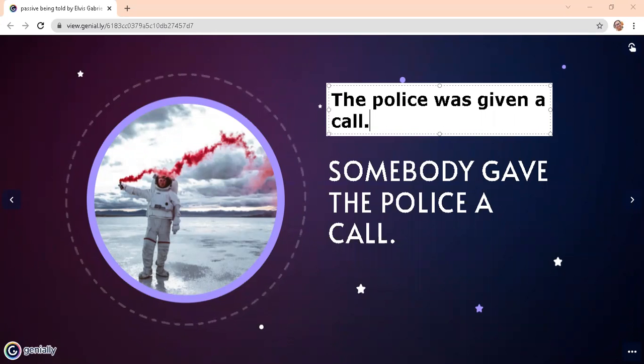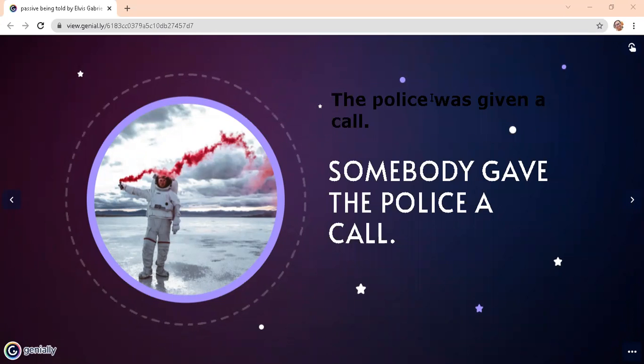If you notice, we took the object of the sentence to the beginning of the sentence. And in this way, we created a passive voice sentence. It is very important to notice that when you are talking about a passive sentence, we are going to have two special features.